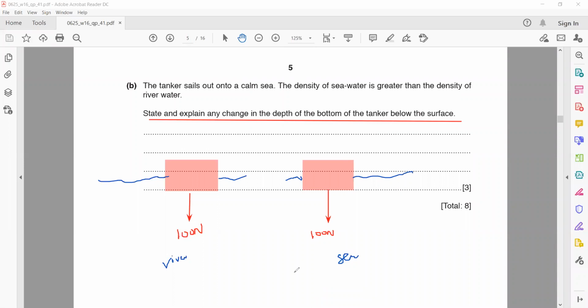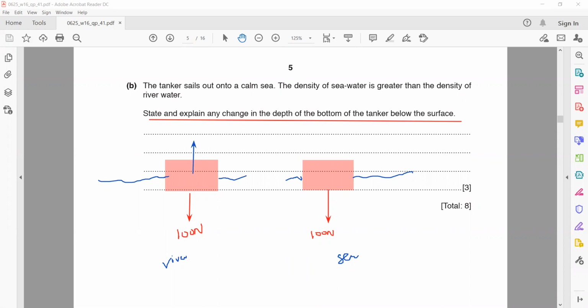So the weight is acting downward. Now what happens? The liquid will also apply a force, and that is the upward force, the upthrust force. Upthrust means the upward force of the fluid, the liquid.